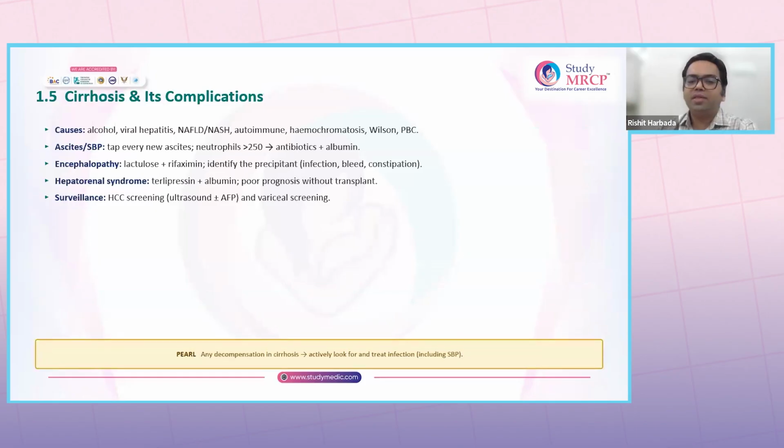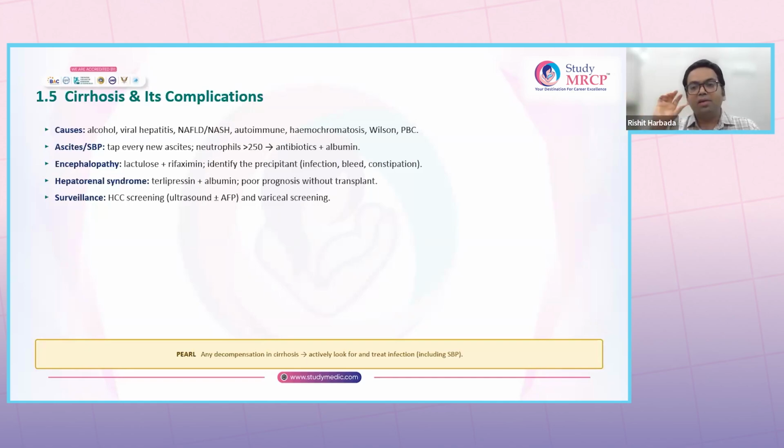The next topic is cirrhosis, which is also very, very important from the point of view of your examination. So we all know that cirrhosis is an illness where the liver parenchyma is going to get affected, and it is going to cause hepatic fibrosis.